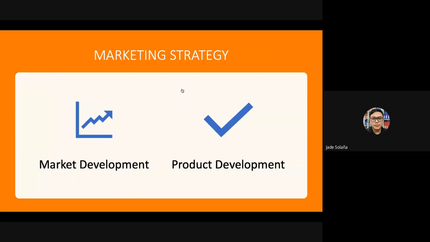A marketing strategy can be either a market development or product development. So what's the difference? Remember that marketing strategy deals with pricing, selling, and distributing a product. Using a market development strategy, a company or business unit can capture a larger share of an existing market for current products through market saturation and market penetration, or develop new uses and or markets for current products.